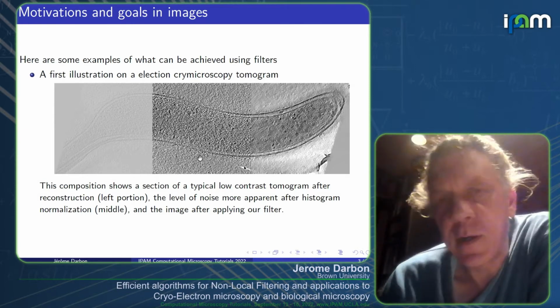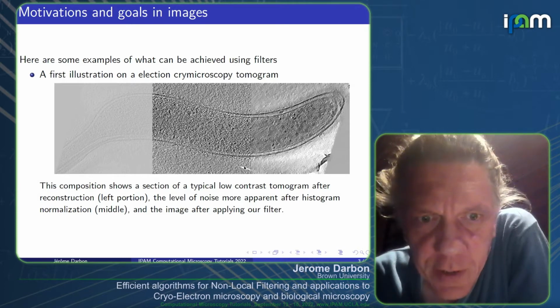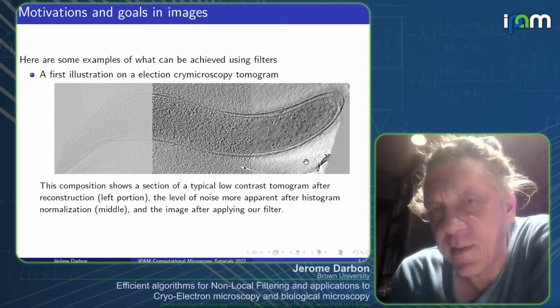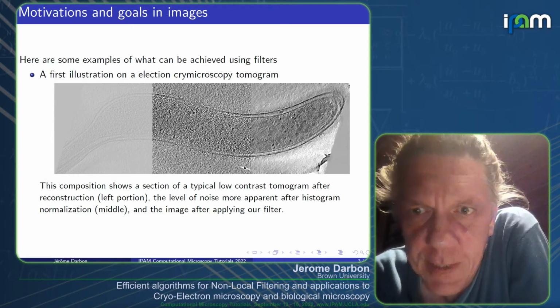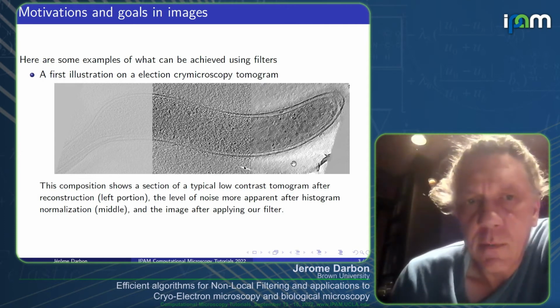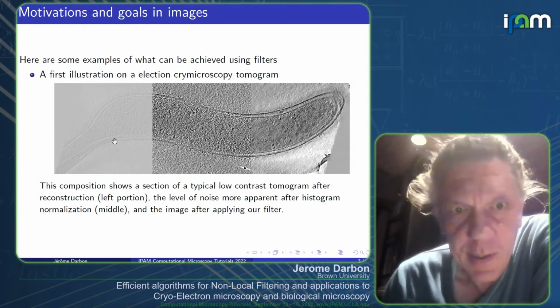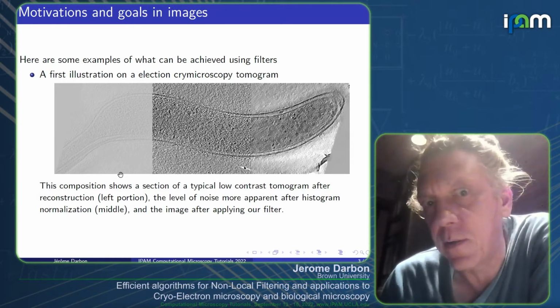What you see in the middle is the image after a normalization of the histogram. And on the right, this is the image that you get when we apply the filter that I'm going to describe. What we can see in these three images is that originally you have noise and the contrast is low.